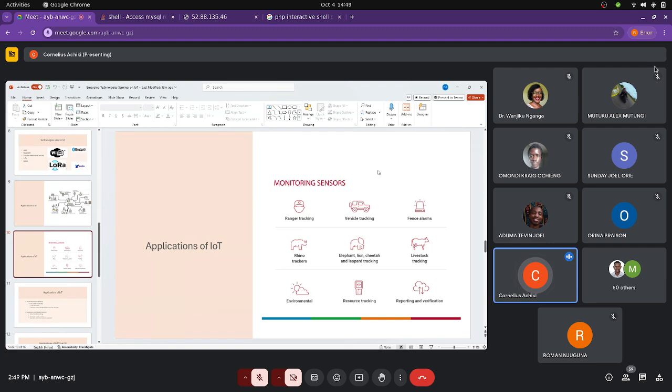So that way they're able to make informed decisions on where to deploy. If they're deploying rangers, if there's a migration pattern that they want people to meet at a certain point so that they get the best view of the livestock. So those kind of things, they're able to adjust because of having IoT.